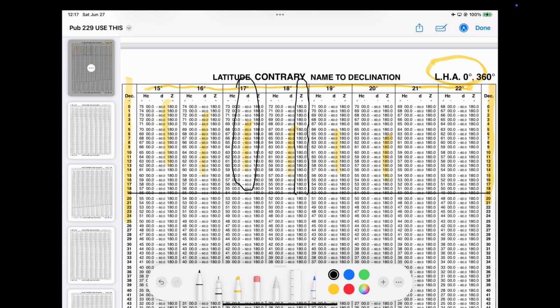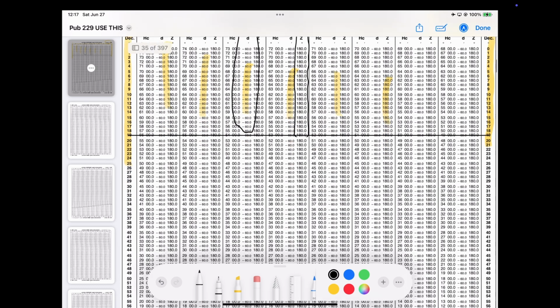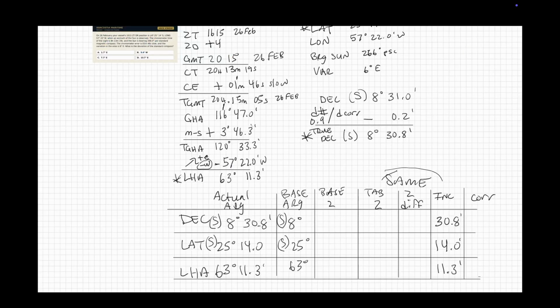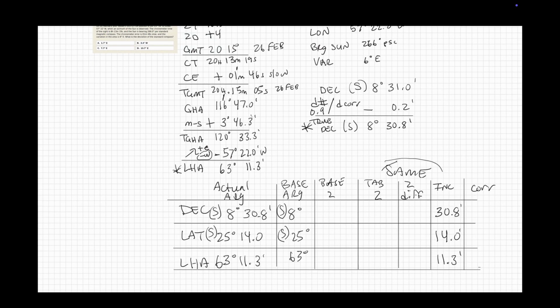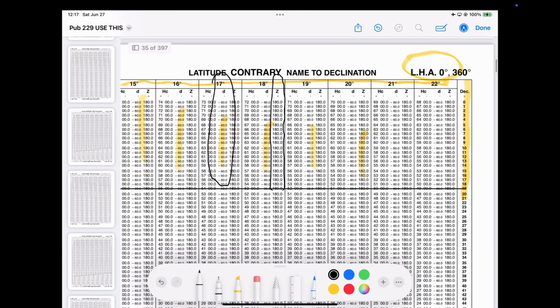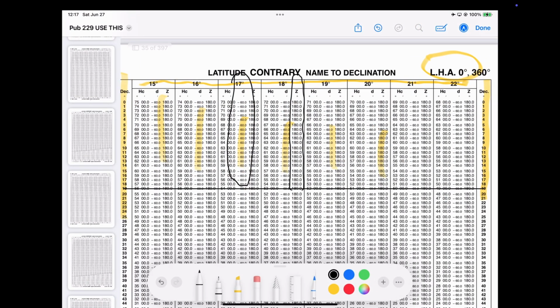So let's scroll to where we need it. You might ask, what's our LHA? 63 degrees. And our latitude was 25 degrees. I don't see 25 degrees here. What's up with this?